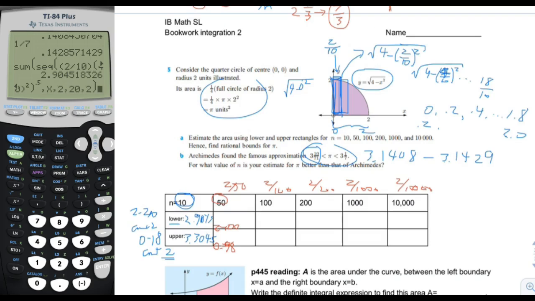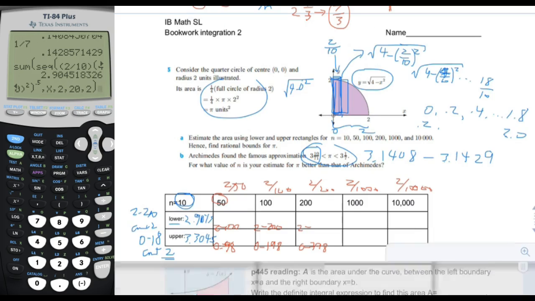And then the counters are going to be going from 0 to 198. And we're always counting by 2's here. 2 through 200. And here we're going to be going 0 to 398. 2 through 400.